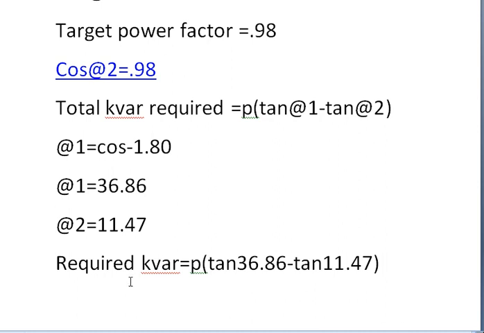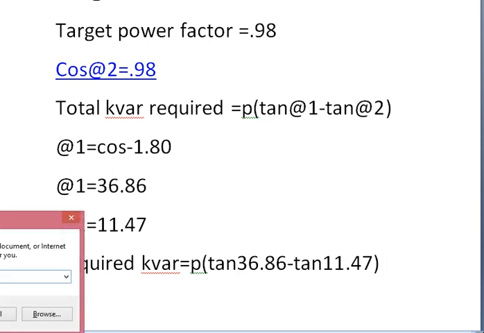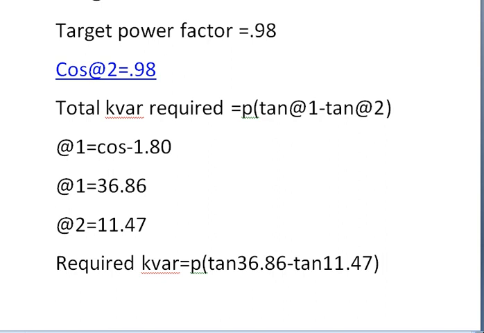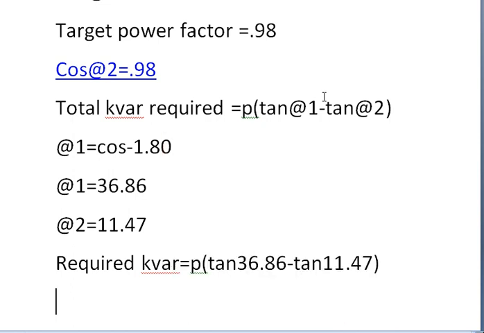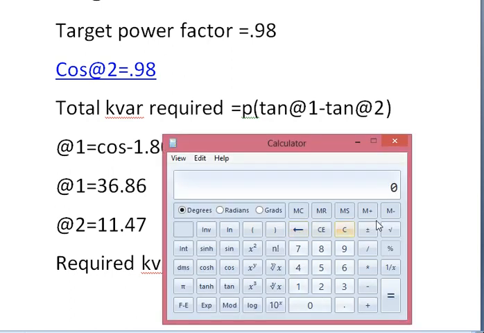We have to take the tangent of 36.86. Let's go to the calculator. The tangent of 36.86 is 0.749.